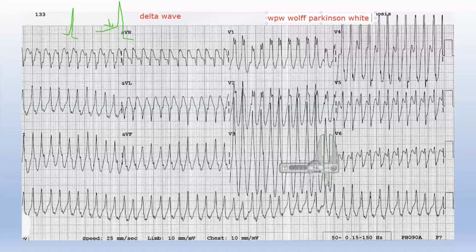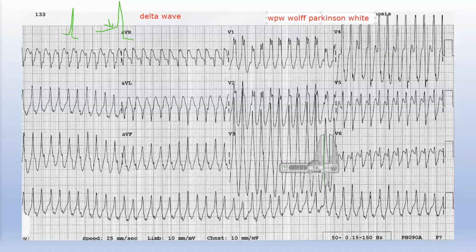So again, WPW is characterized by the presence of an accessory pathway or a bypass tract. This connects the electrical system of the atria directly to the ventricles, allowing conduction to avoid passing through the AV node. Now, in normal individuals, when the sinus node creates an action potential, it must pass through the AV node to get to the ventricles.